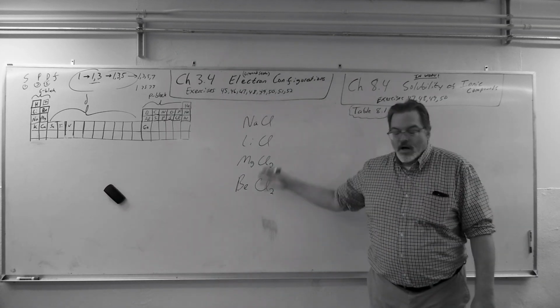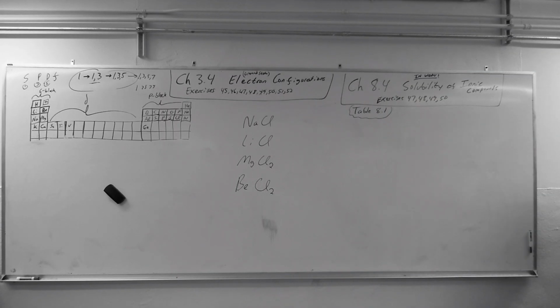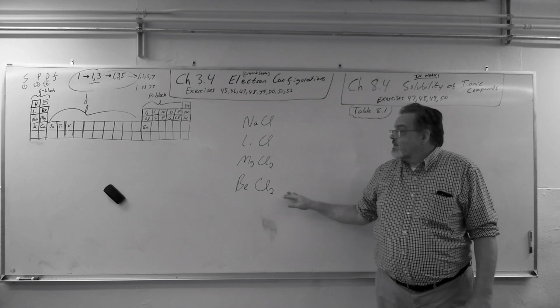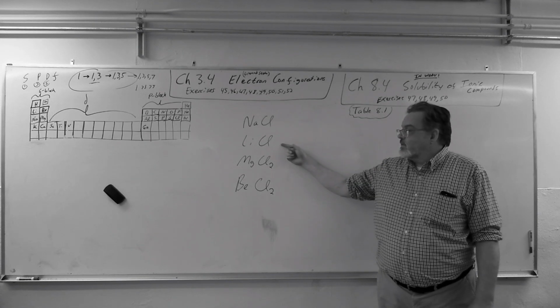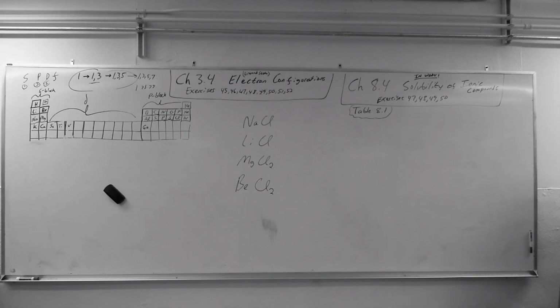There's four ionic compounds that contain chlorine. If I ask you, is this soluble in water? Which of these are soluble in water? You look at table 8.1 and you see chlorine on the left here, third entry down: chlorine, bromine, iodine.